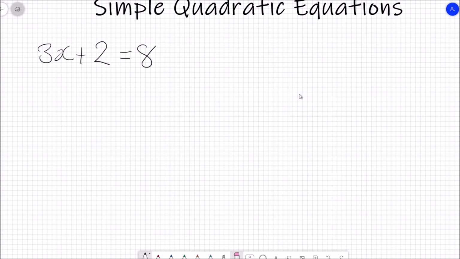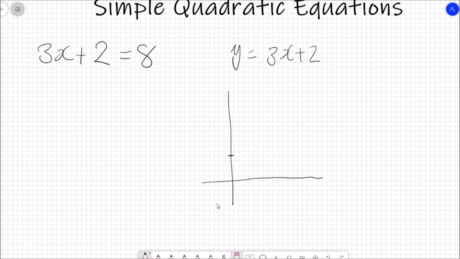If you say the equation of the straight line is y = 3x + 2, then what you end up with is a straight line like this, and it has a y-intercept of 2 and a gradient of 3, so it's a pretty steep line going up.